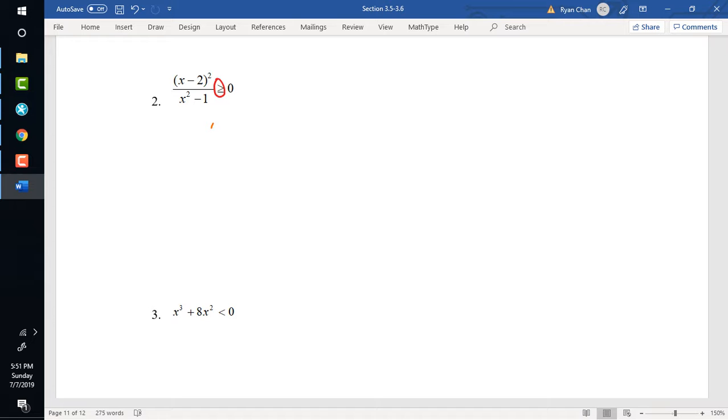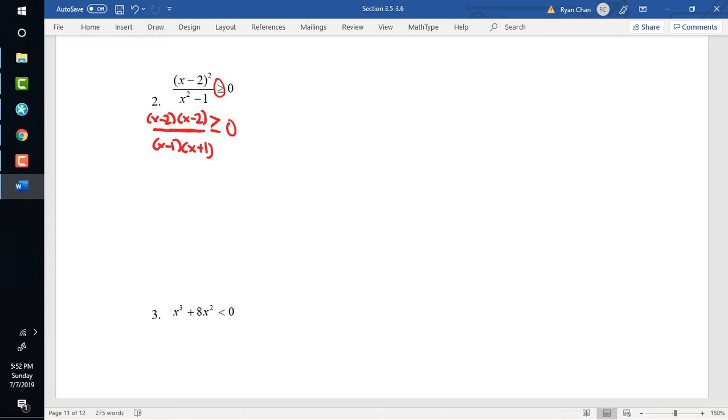The only thing I need to factor is the very bottom, and I realize this is x minus 1, x plus 1. Okay? So yeah, be really careful. Remember, x minus 2 quantity squared is the same thing as x minus 2 times x minus 2 as well. Okay? So now everything is factored.